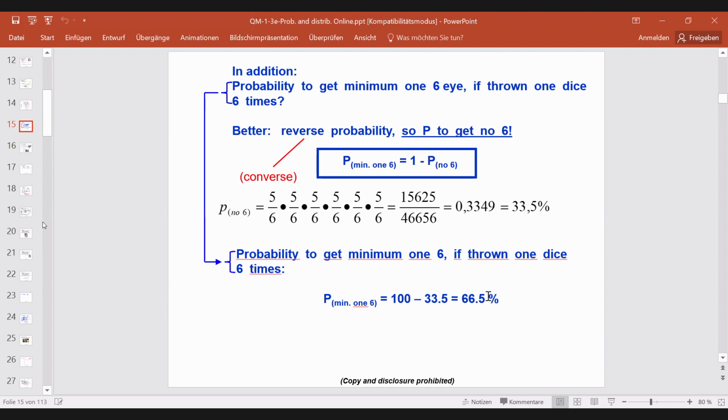So in this example, it is much more clever not to answer the question directly, but to calculate the converse or the reverse probability, which is shown here, and then to answer the question.